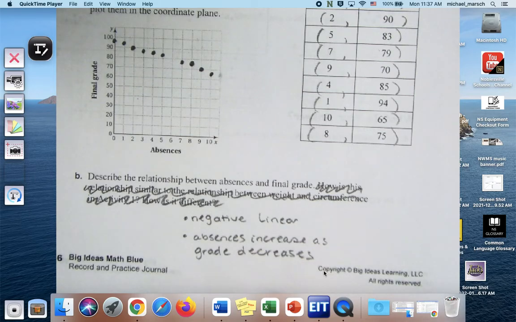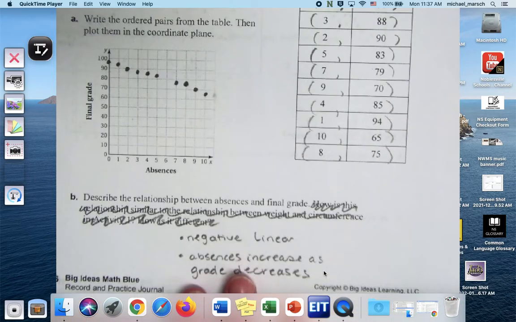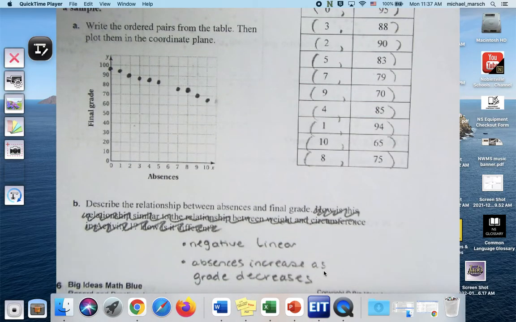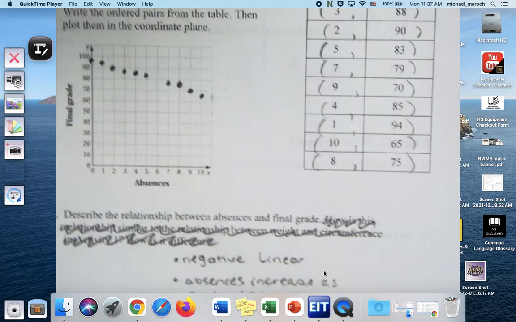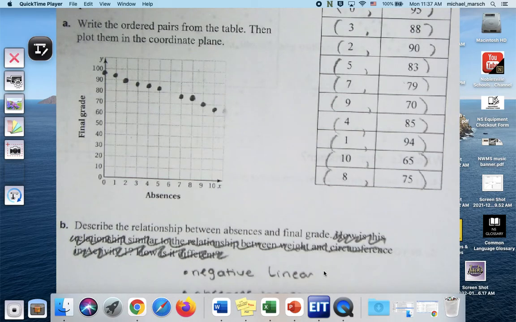Okay, so the next page asks you to make a prediction of if you had 6 absences, what would your final grade be? So I'm going to leave this up here so you guys can use the graph to make that prediction.